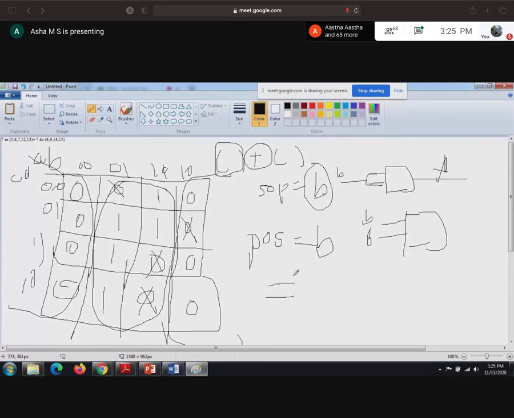If you want to use both AND and OR, here on both sides you give B, here you will get the output, and this output will be given to the OR gate. If you want to use both, use it like this. Otherwise, stop here only. Whatever value you give here, the output is reflected here also. It won't change.